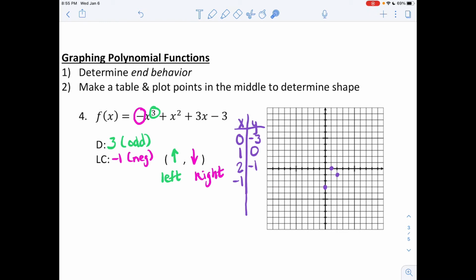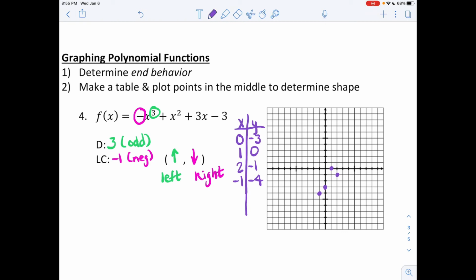And then subtract 3 from that. We're going to be down at -4. So -4 when we're at -1. So we can see that we are still decreasing there. We want to find where we start to increase. We know that we have to eventually start increasing because this left arrow is going up.